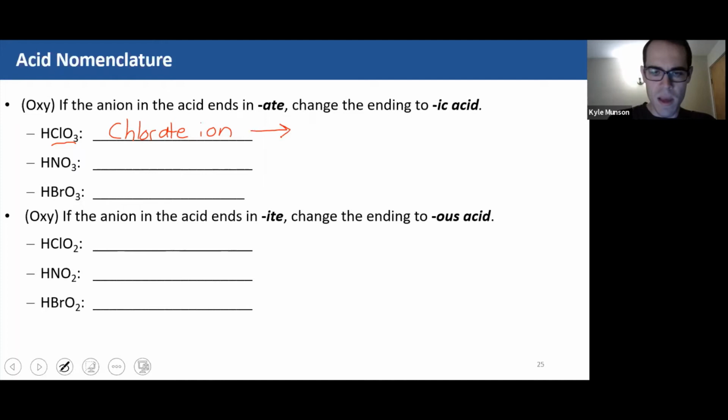So this becomes then, I change that -ate ending to an -ic acid ending, and I get rid of the ion part. So this is going to be chloric acid, okay? So the -ate became -ic acid, all right?